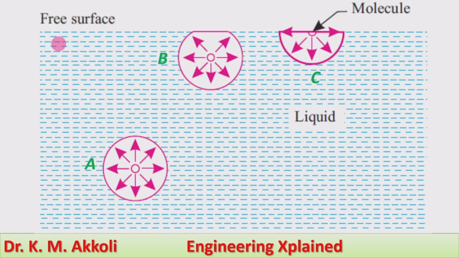Therefore, all the molecules at the surface of the liquid, which are in contact with the surrounding gas or air, experience a tensile force in the downward direction. The tensile force acting on the molecules at the surface is called surface tension.